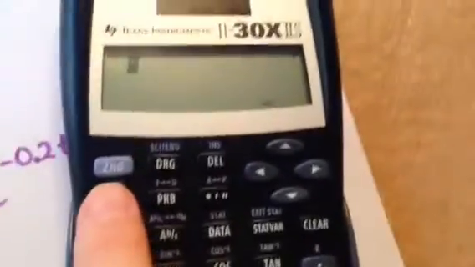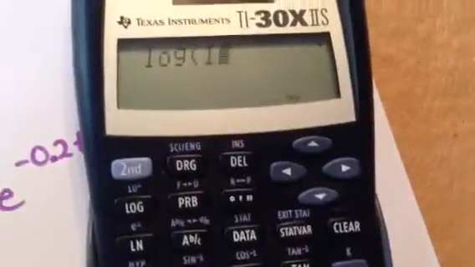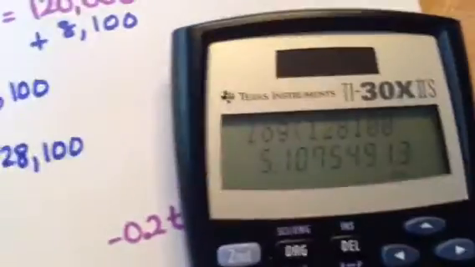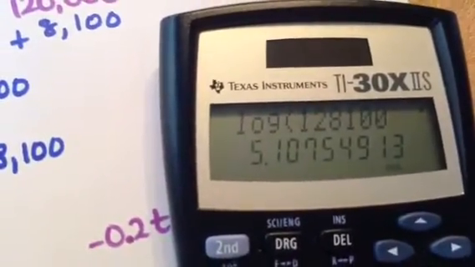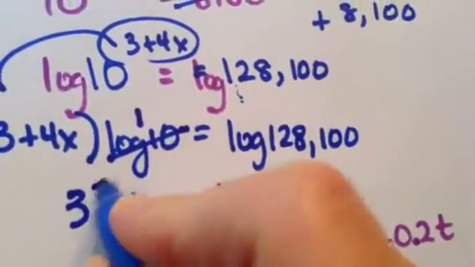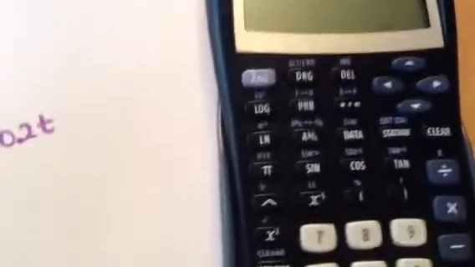Let me find my button here. The log, there it is. What is it? 128,100. And it's about that. I'm going to let that sit in my calculator, but it's 5.108. Okay, subtract 3 from both sides. So I already have it sitting here in my calculator, so I'm just going to hit minus 3, which is about 2.108.